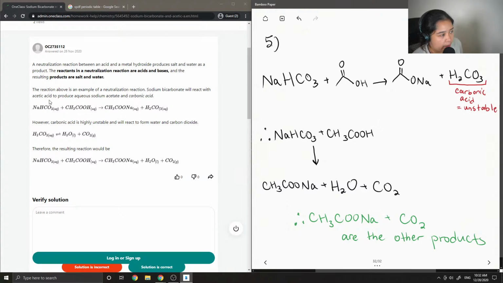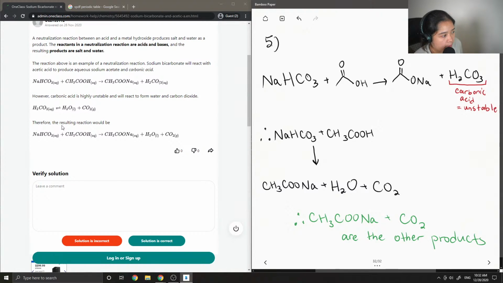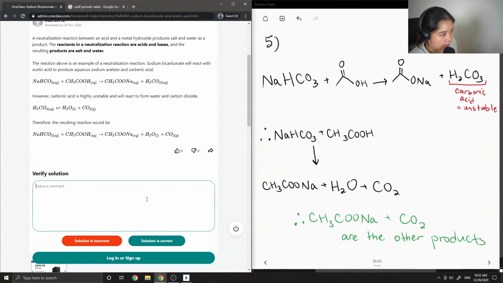Sodium bicarbonate will react with acetic acid to produce aqueous sodium acetate and carbonic acid. However, carbonic acid is highly unstable and will react to form water and carbon dioxide. Therefore, the resulting reaction would be the following. Yep, so that is what I got as well. So this solution is correct.